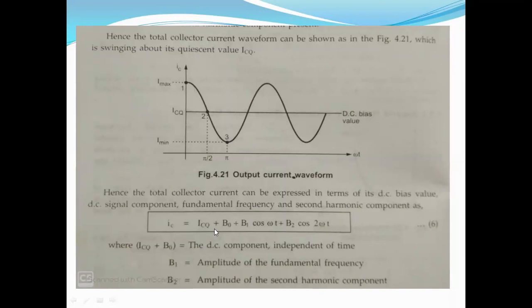Then the equation becomes small ic is equal to capital ICQ plus B0 plus B1 cos 0 plus B2 cos 0.